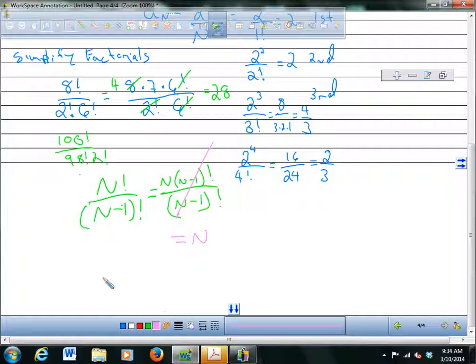Sometimes it's just variables and it can get a little bit confusing. So n factorial over n minus 1 factorial is just equal to n. Done with that? There's more.